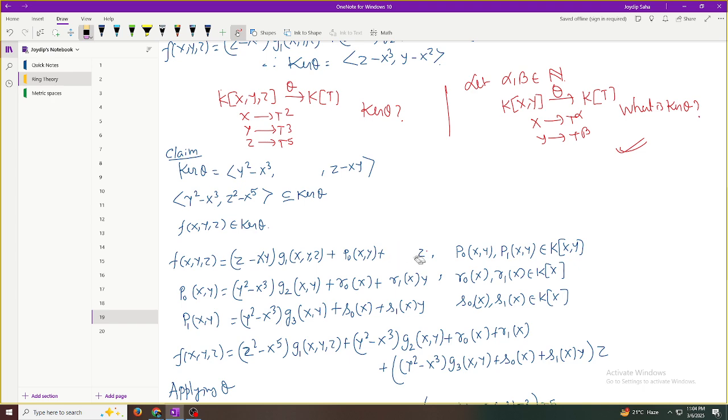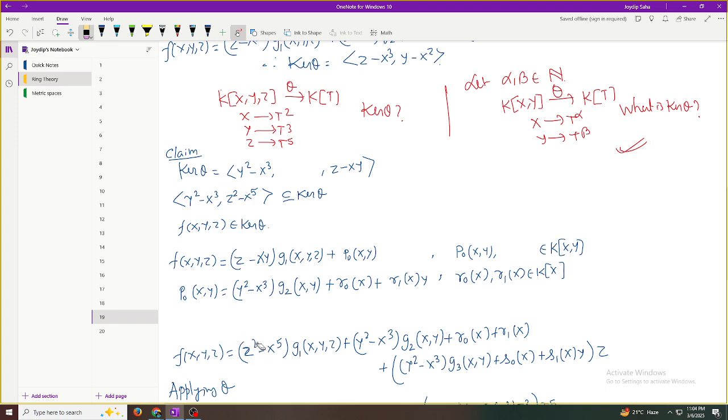This jet dependent term will vanish, disappear. So I have no p1 in this part, right?